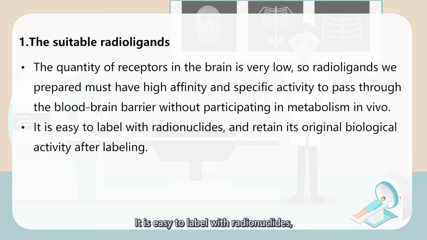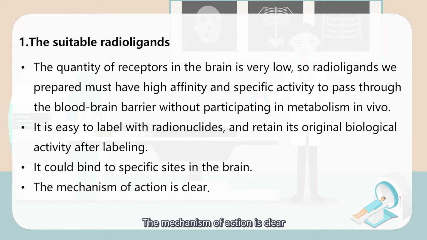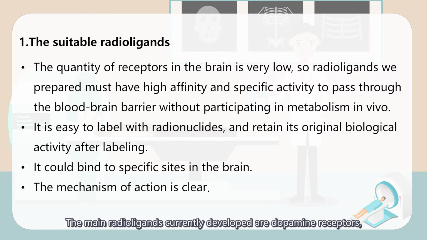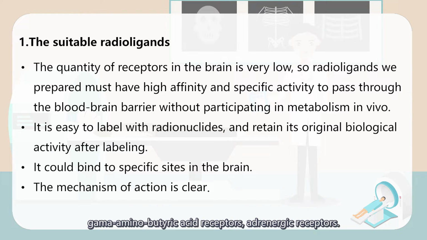It is easy to label with radionuclides and retains its original biological activity after labeling. It could bind to specific sites in the brain. The mechanism of action is clear. The main radioligands currently developed are dopamine receptors and 5-HT receptors, opioid receptors, gamma-GABA receptors, adrenergic receptors.